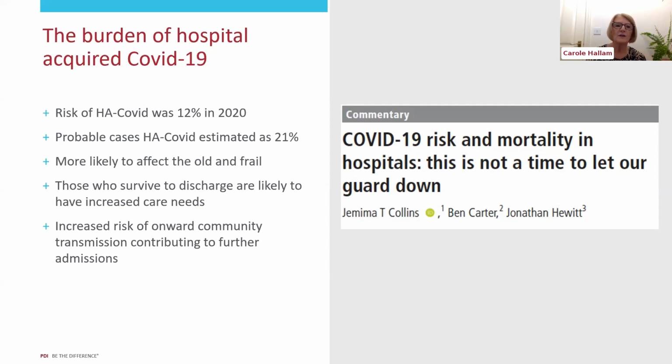It's more likely to affect the old and the frail. They're less likely to survive. And then once they're discharged into community, and often those elderly patients need further care and support in community, then actually further spread happens in community. And it's more likely then that those are the people that might be readmitted to hospital.